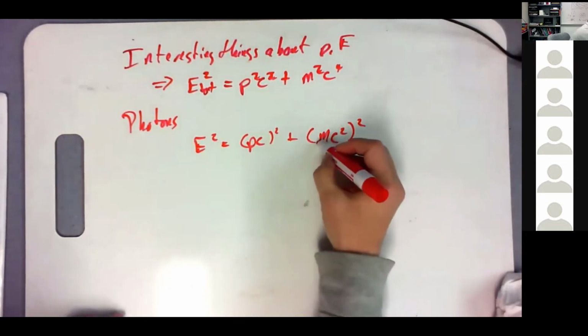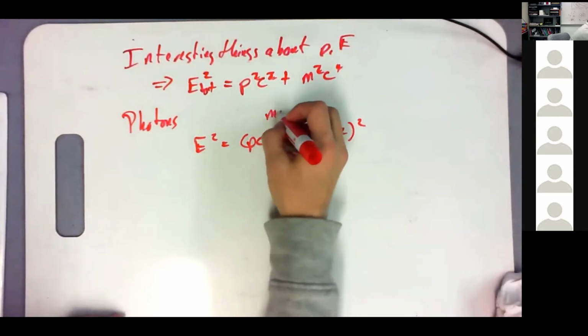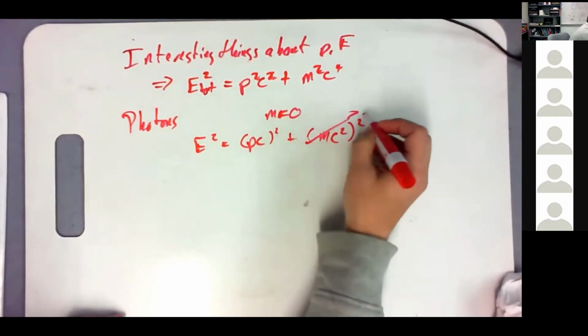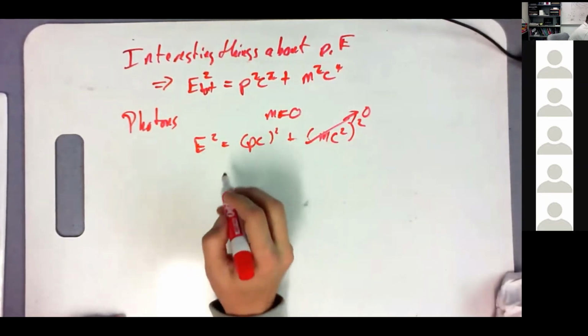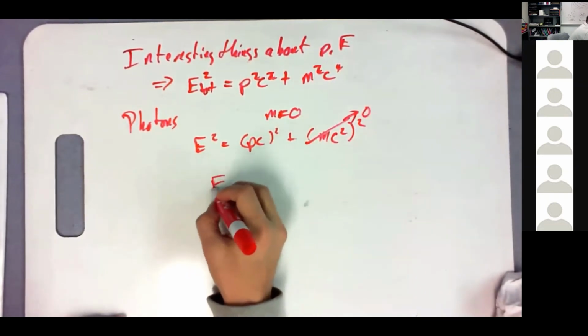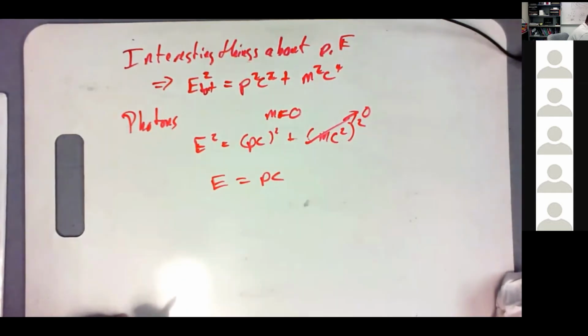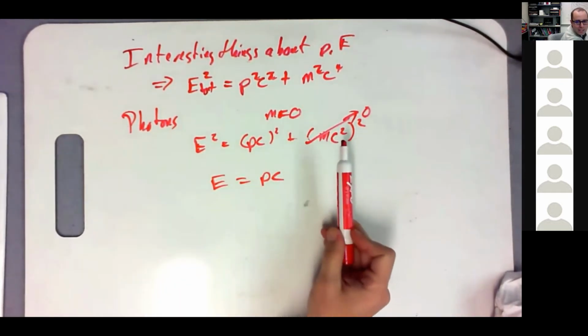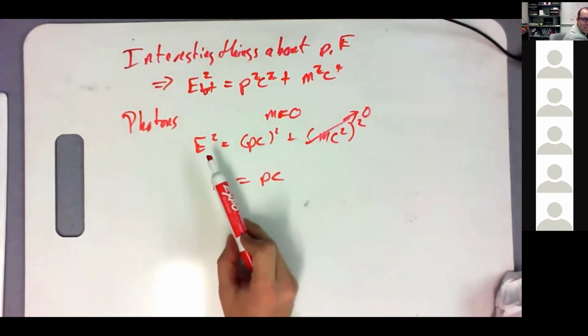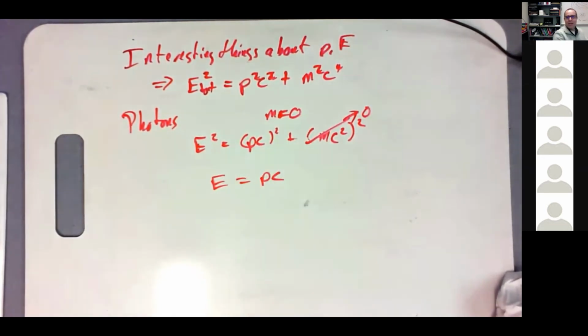In this case, though, for photons, M equals 0, and this term goes away. So now we can take the square root of both sides, and now it just becomes E equals P times C. Hence, even though photons have no mass, they still have some energy, and therefore you can calculate their momentum.